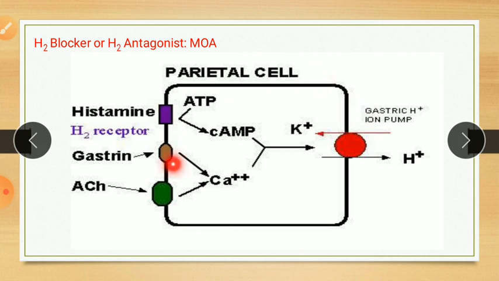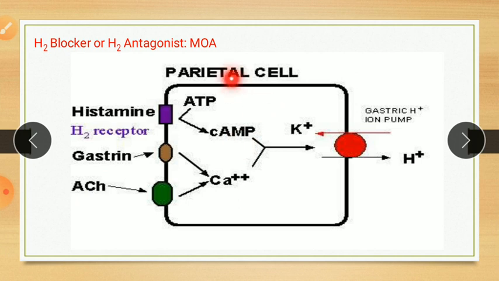So this is the normal process of how acid is secreted in the stomach, through various receptors: the H2 receptor for histamine, the G receptor for gastrin, the muscarinic receptor for acetylcholine. Histamine causes the secretion of acid through cyclic AMP as a secondary messenger and through stimulation of this potassium hydrogen pump, while gastrin and acetylcholine cause acid secretion through a calcium dependent process.